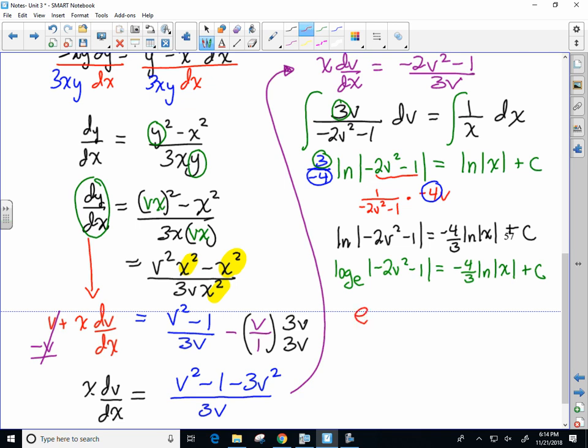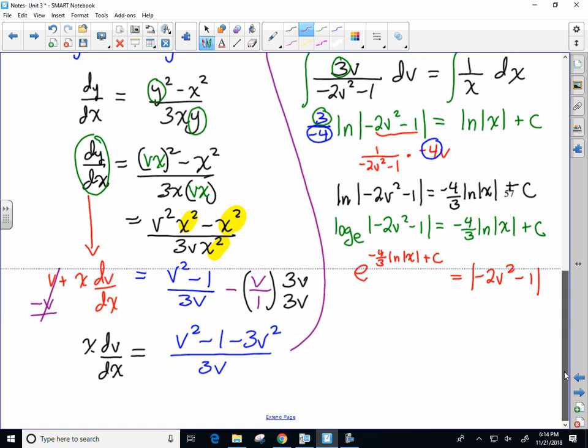So this would be e to the negative 4/3 ln x plus c. And that would be equal to negative 2v squared minus 1. Rewrite the left-hand side.